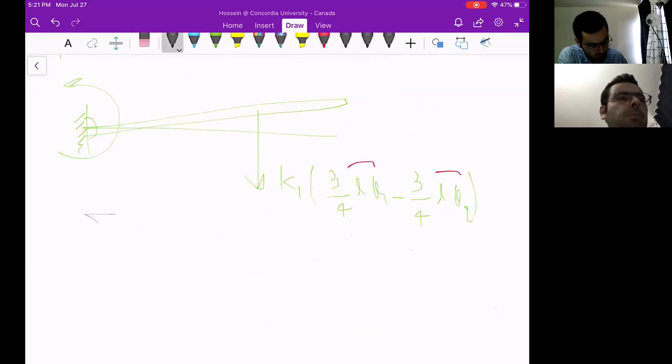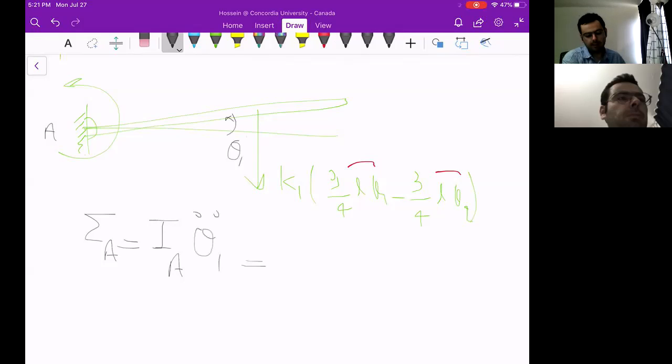Summation of moments around point A is equal to the mass moment of inertia around point A times theta double dot 1.